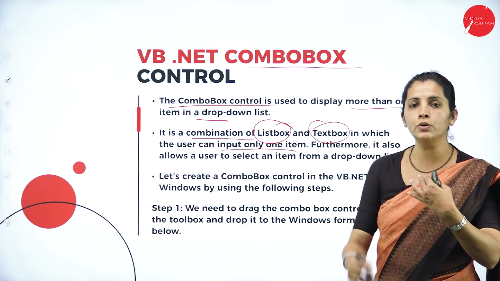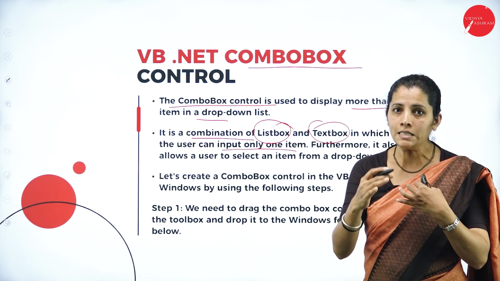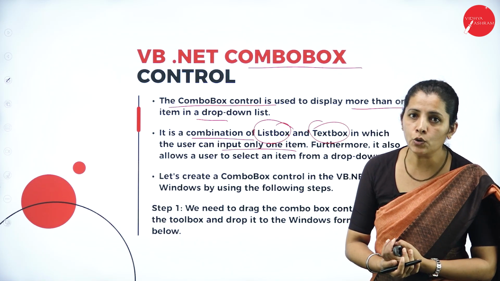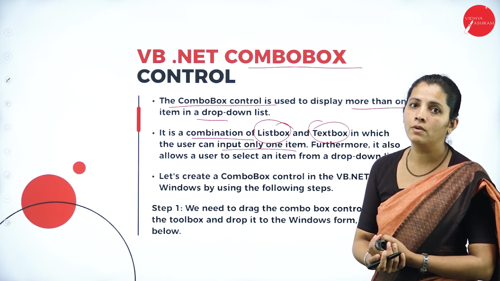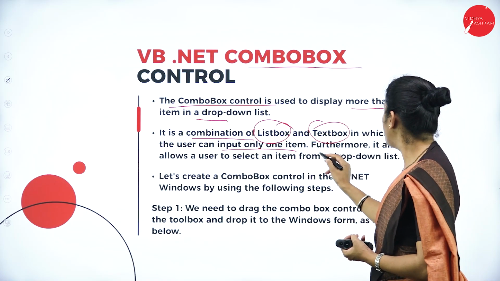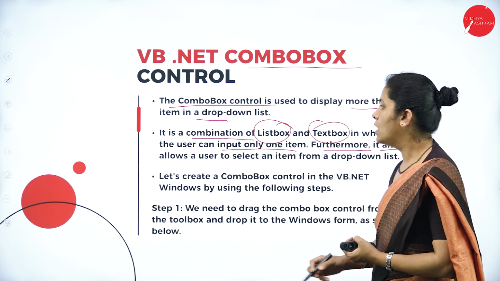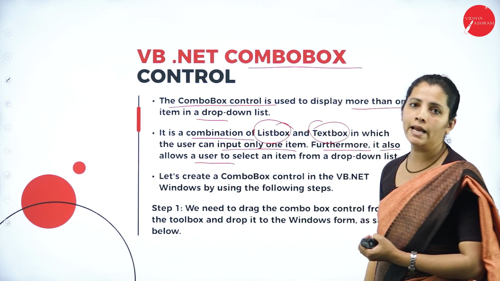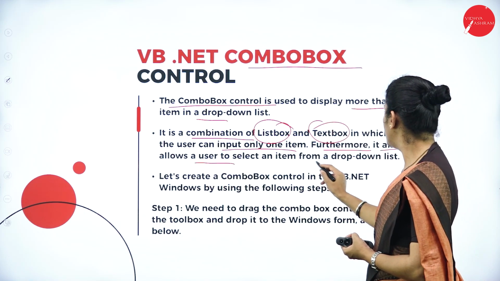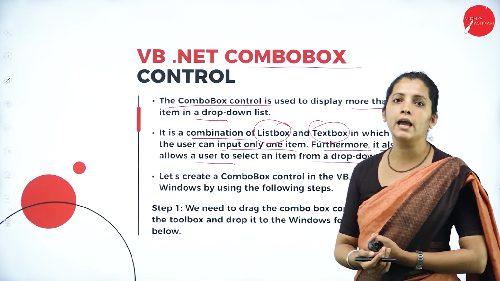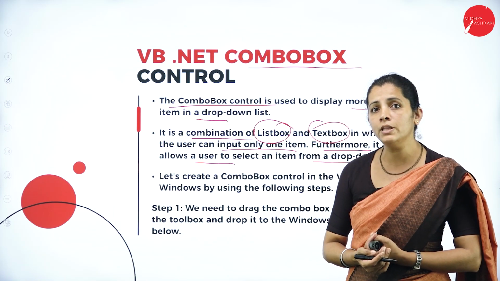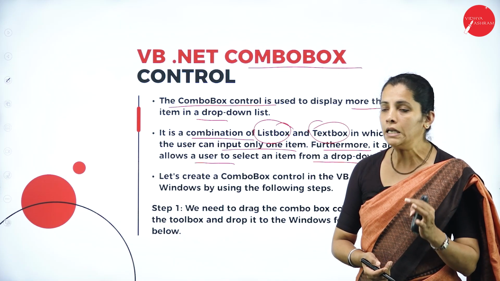The user is going to get the drop down list, and in that, the user can pick one item at a time. Furthermore, it also allows a user to select an item from a drop down list.